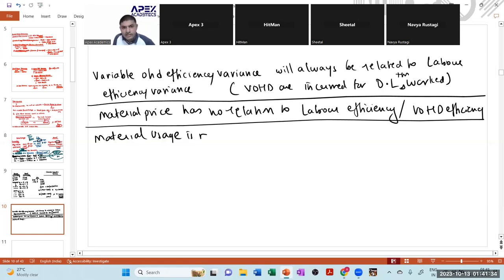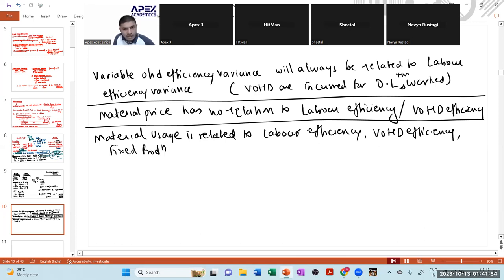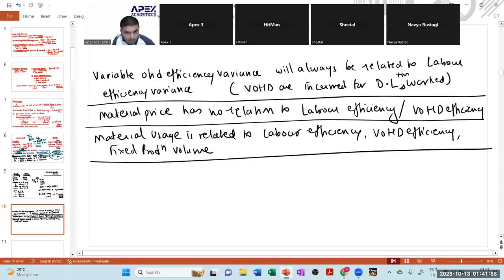Material usage is related to labor efficiency, variable overhead efficiency, and fixed production volume. Agreed or disagreed? But not to sales volume.